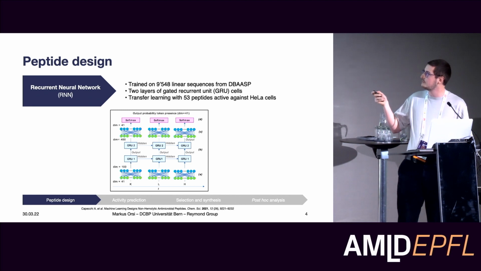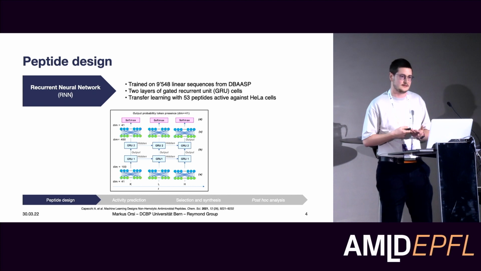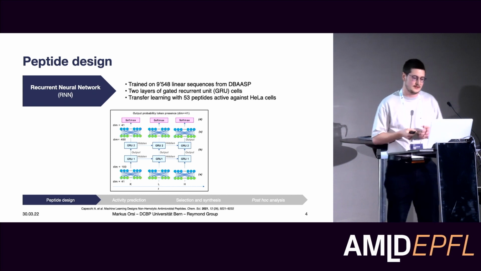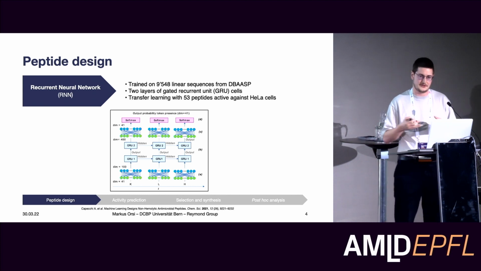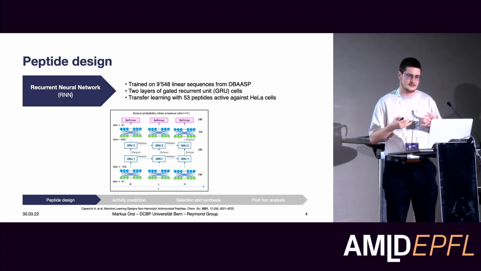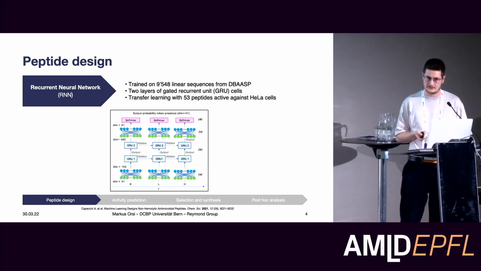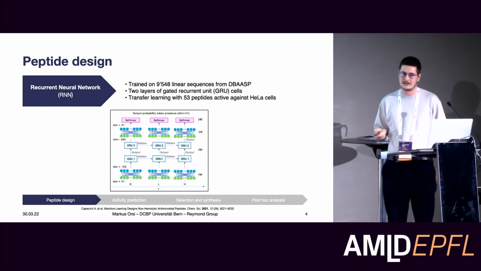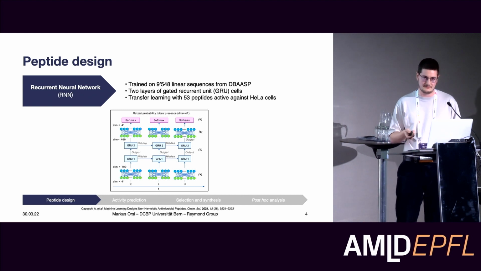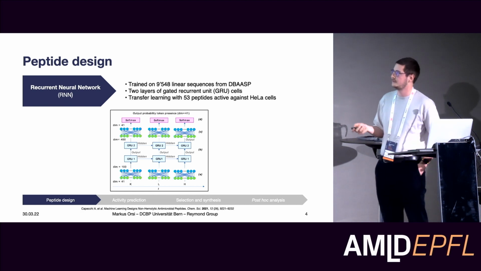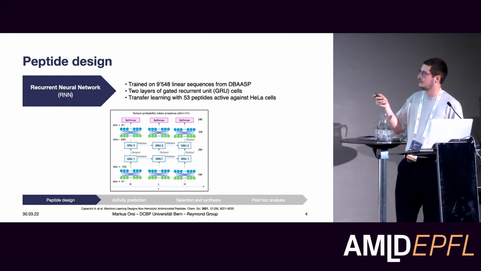This step was mainly aimed to make the generative model generate sequences that are not random, but that at least resemble what humans have made already. Because, as those that attended previous talks know, the peptide space is just huge. The combinatorial space is enormous. So this is why we try to focus on sequences that resemble these ones.